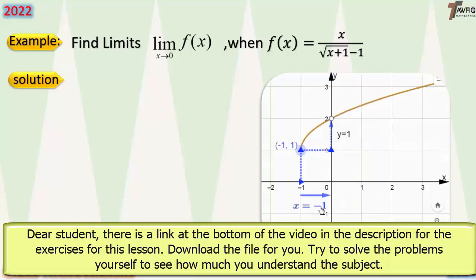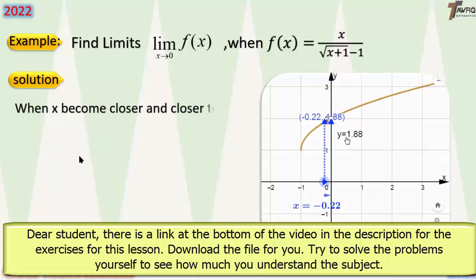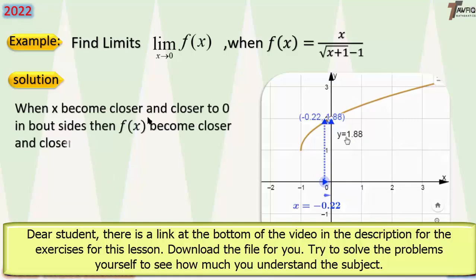And when we approach 0 from the left side, as you can see, the value of y, or the function, approaches 2. Or, when x becomes closer and closer to 0 from both sides, then f(x) becomes closer and closer to 2. It means that the limit as x approaches 0 of f(x) is equal to 2.